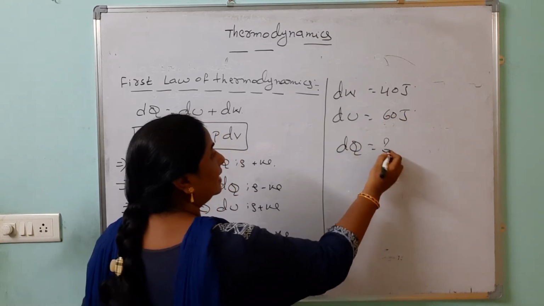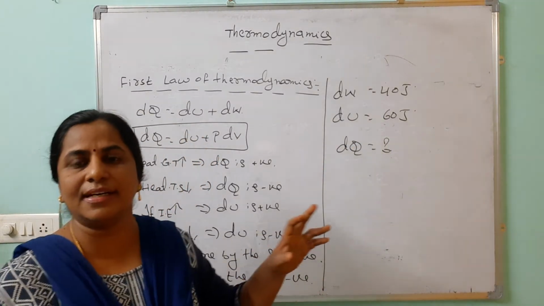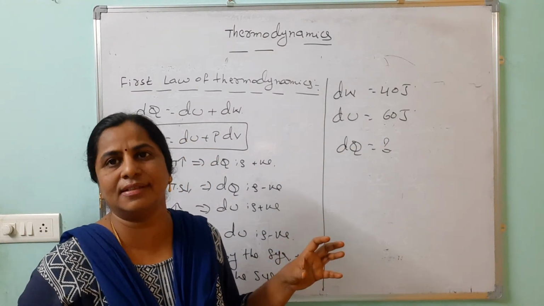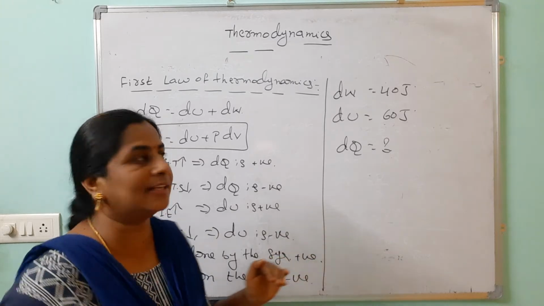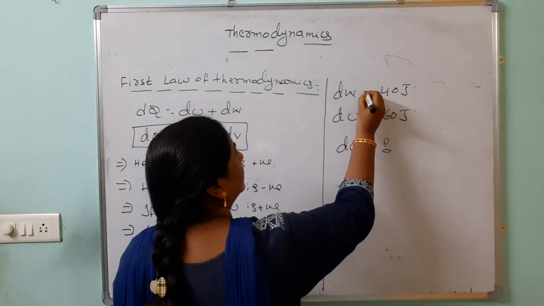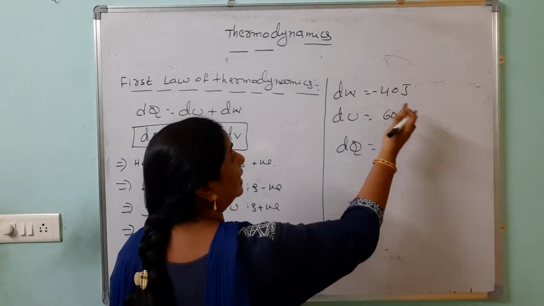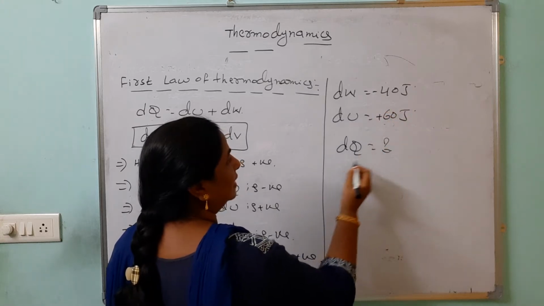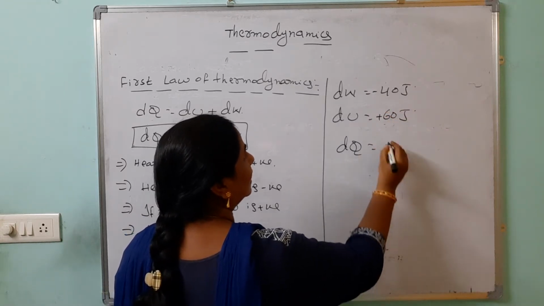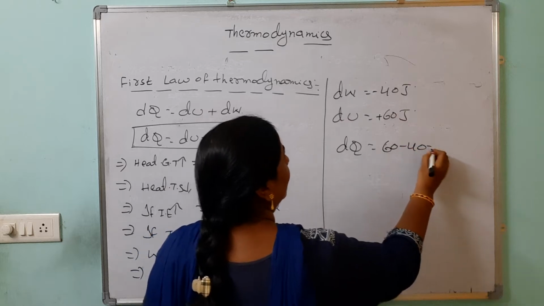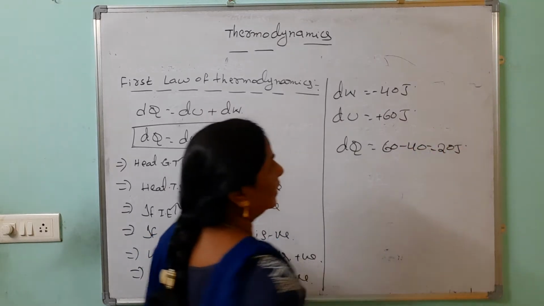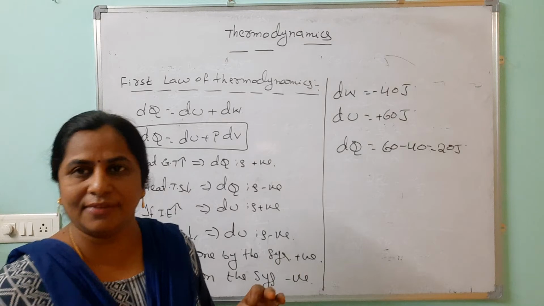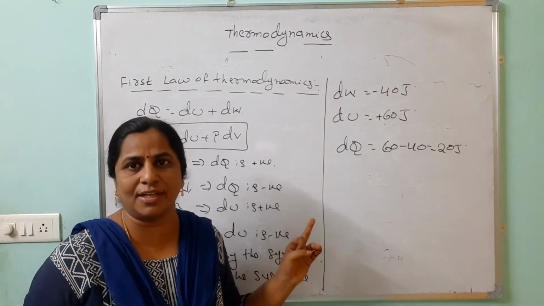I didn't give any sign convention here, but when the problem mentions work done on the system, immediately you can take it as negative. Internal energy increases means this is positive. Then dq is how much? 60 minus 40. The answer is 20 joules. So like that, based on the sign convention only, we have to use the first law of thermodynamics.